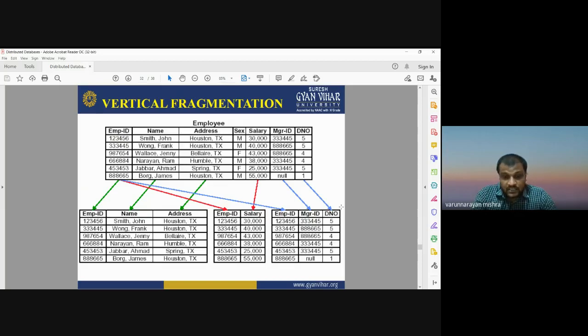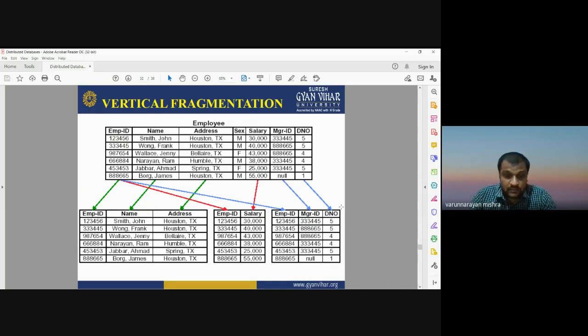In each table you have different information: the first has the name and address, the second has the salary details, and the third has the manager ID and DNO for each employee. So this is the way we can perform the vertical fragmentation.